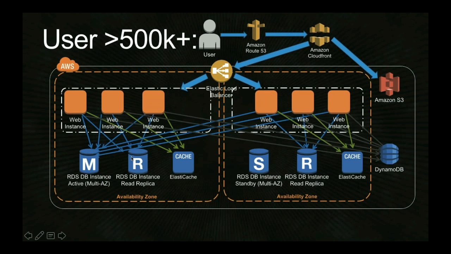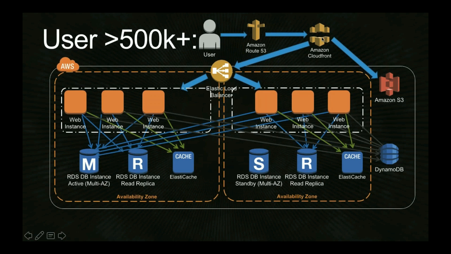And then your database backend, you have a master in one availability zone, you have a synchronous replica in another one, and you may have read replicas for SQL read request scale out as well. Your session state for your customers and shopping carts, whatever, can be in either Elastic Cache or DynamoDB, not in your web server, so web servers can be stateless. And then your static content is served out of Amazon S3 like images and videos.